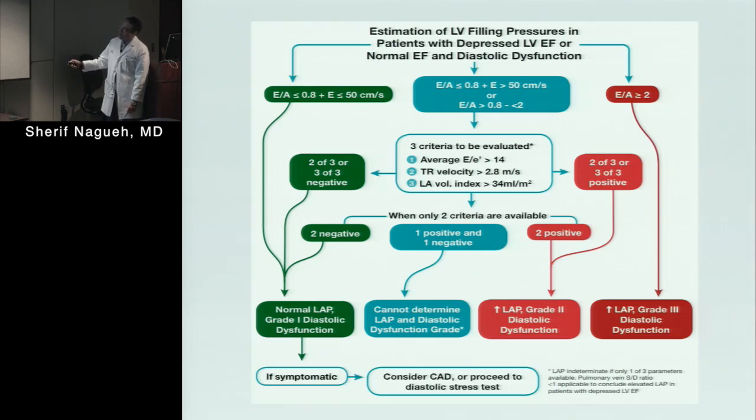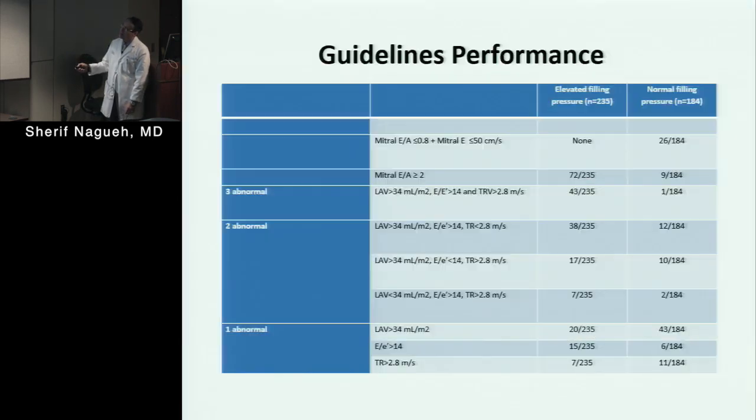Remember, we start with the mitral velocities, and where we end up in this middle group, we want to look at the criteria that are abnormal and how many you see. So we had 235 cases with elevated filling pressures and 184 with normal.